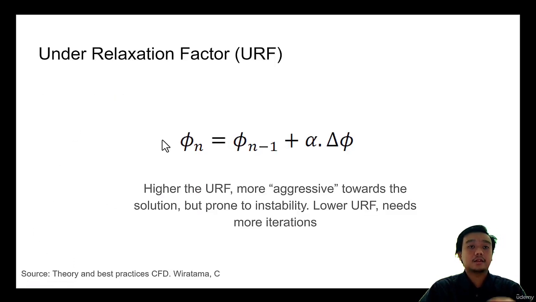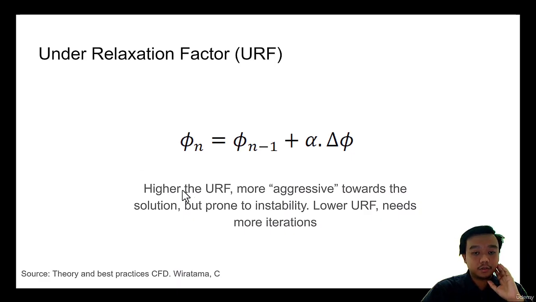And then one important parameter here is the under-relaxation factor, which you can also find inside the fvSolution, if I'm not mistaken. So basically the under-relaxation factor is this alpha parameter which governs the stability of your solution. It basically works the same way as the order of your scheme.